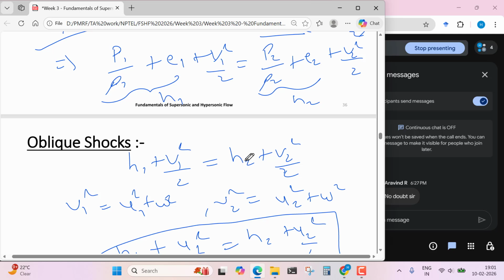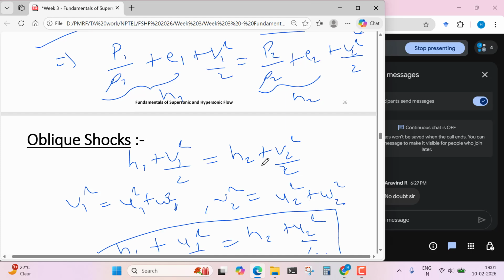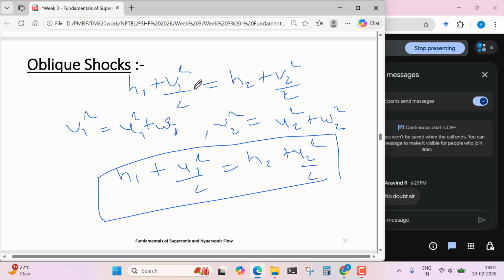This V1 and V2 are velocity in upstream and downstream. So V1² equal to U1² plus W1² and V2² equal to U2² plus W2². If you substitute this here, we can get H1 plus U1²/2 equal to H2 plus U2²/2, because W1 and W2 are same, we can cancel it out.